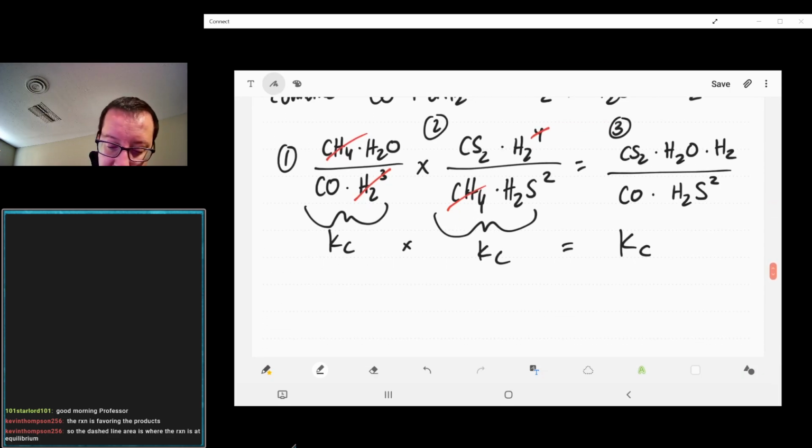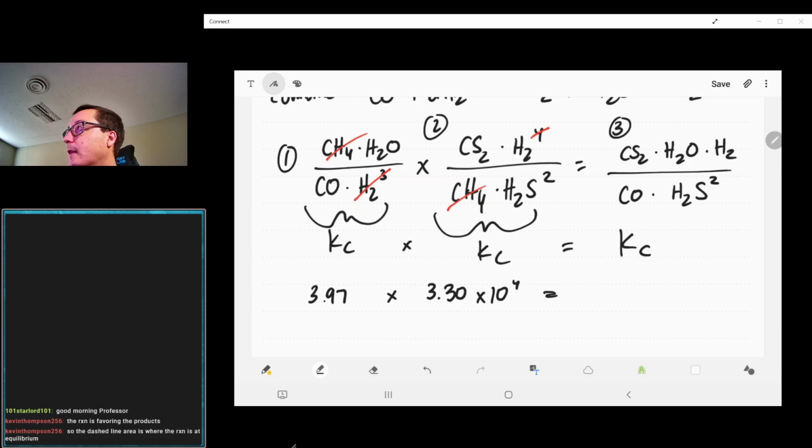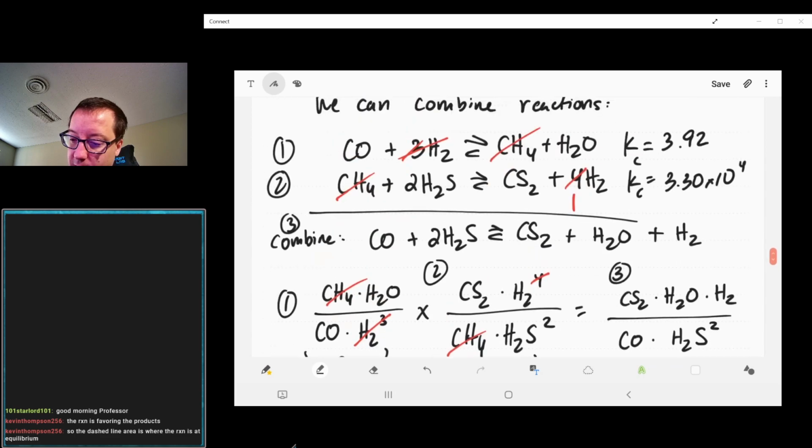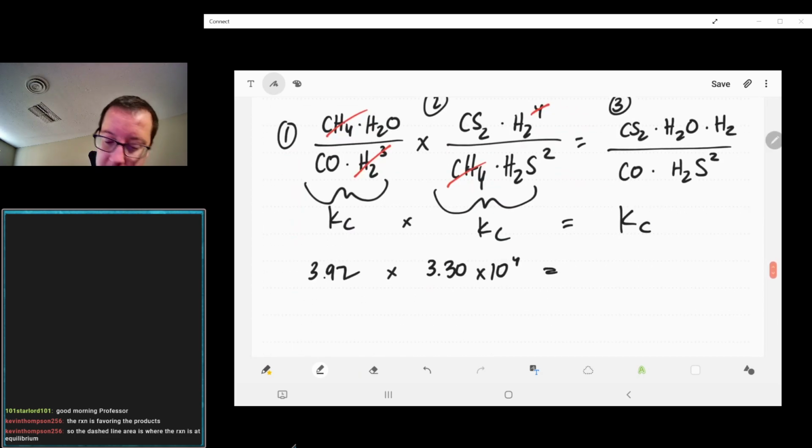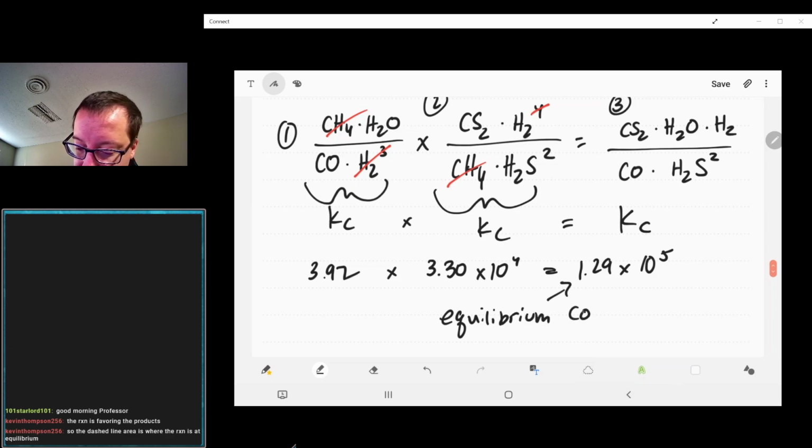If we have 3.92 times 3.3 times 10 to the fourth, our new Kc will be, doing this, we end up getting 1.29 times 10 to the fifth power, and that would be your equilibrium constant for the combined reaction.